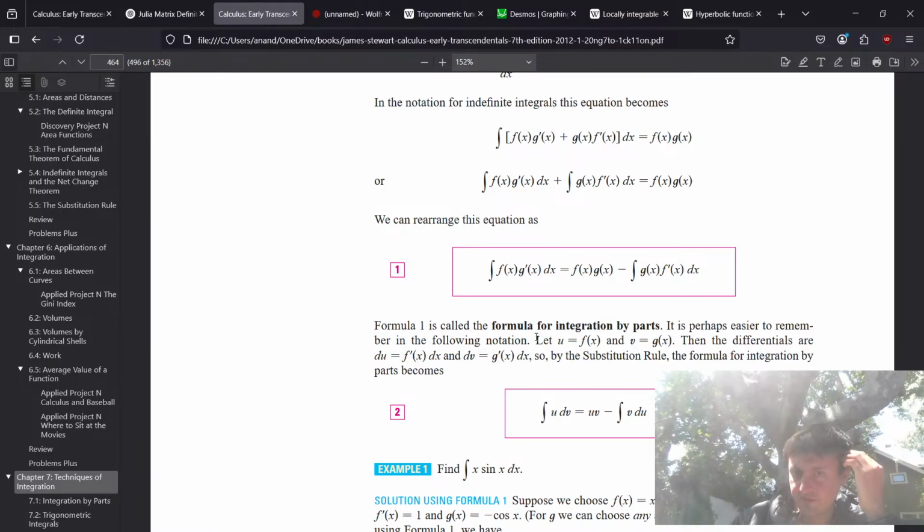Then we get uv, which is normal, then minus integral v du. All right, so the formula altogether is the integral of u dv is equal to u times v minus the integral of v du. That's pretty clever. When did they come up with that?